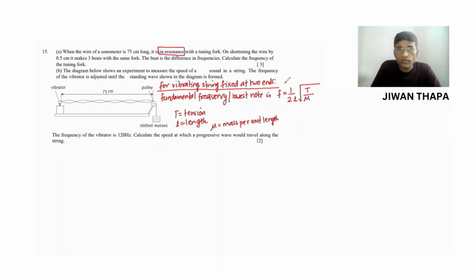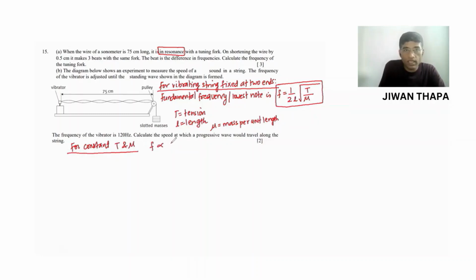So this is the fundamental frequency of the wire of the sonometer. And what we get for constant T and mu is that frequency is inversely proportional to length.